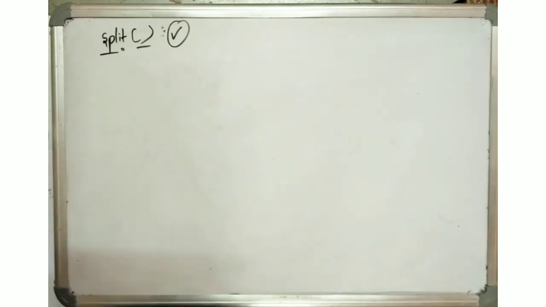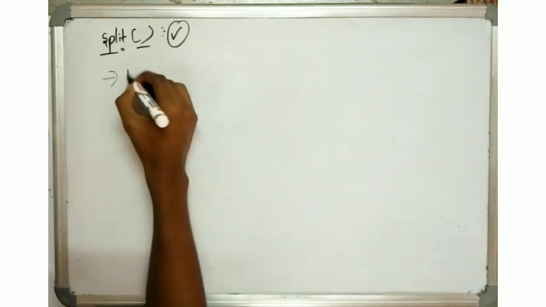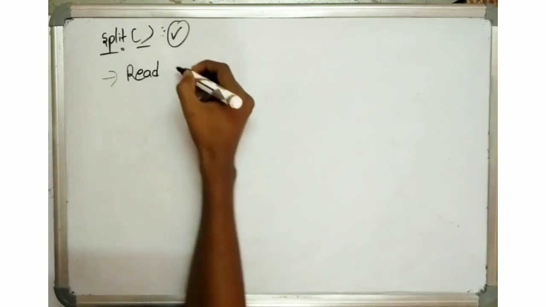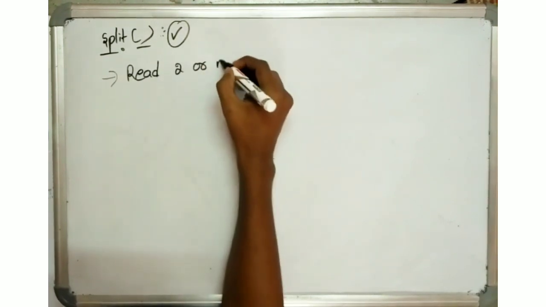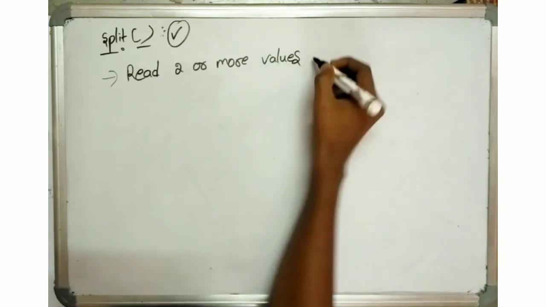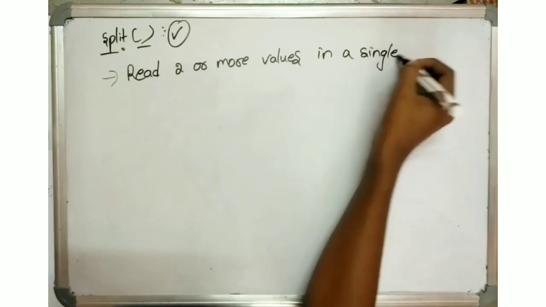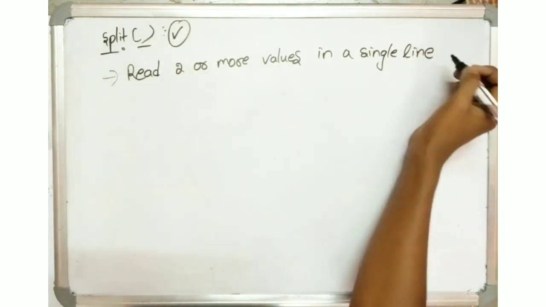While checking problems, we have a condition where we need to read two or more values in a single line. Is this possible?